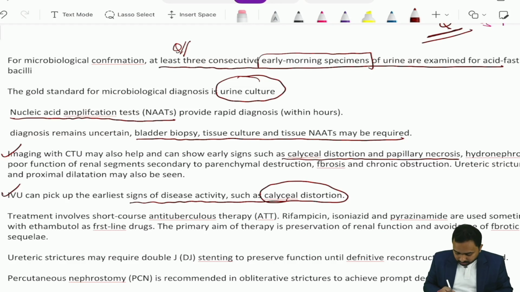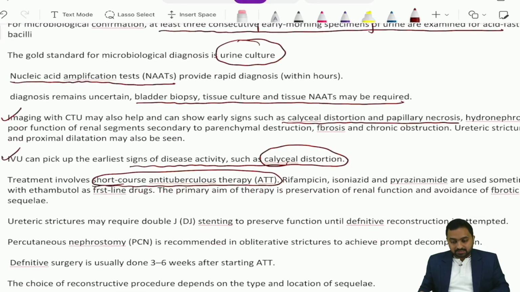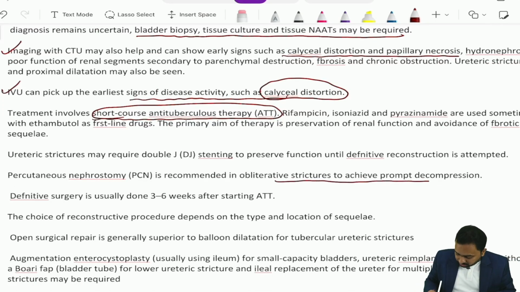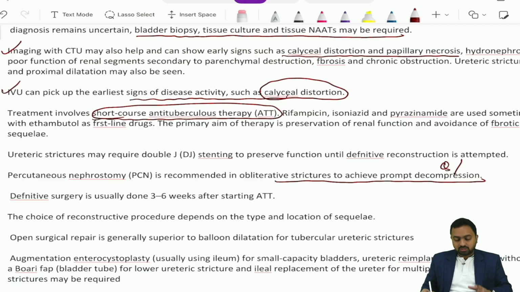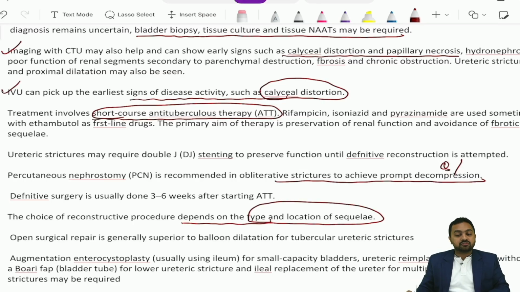Your treatment is usually a short course of antituberculous therapy, and the drugs used are rifampicin, isoniazid and pyrazinamide. And then you have your percutaneous nephrostomy, which is recommended to relieve strictures and achieve prompt decompression, and definitive surgery is usually done 3 to 6 weeks after ATT. And your choice of reconstructive procedure depends upon the type and the location of your sequelae.